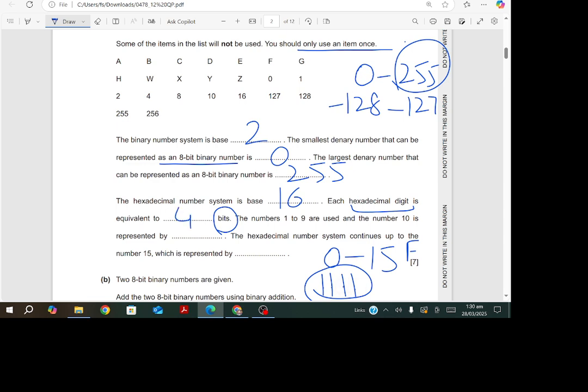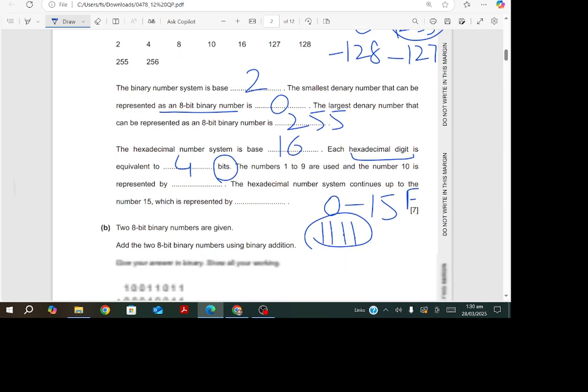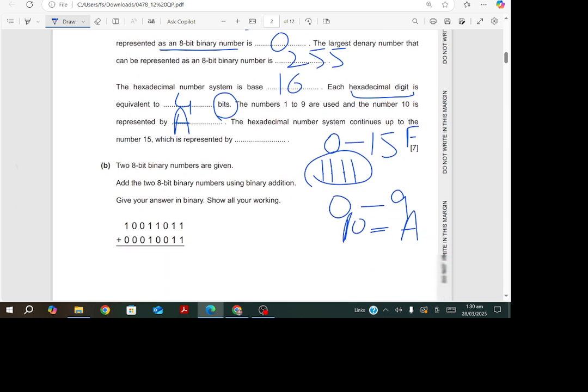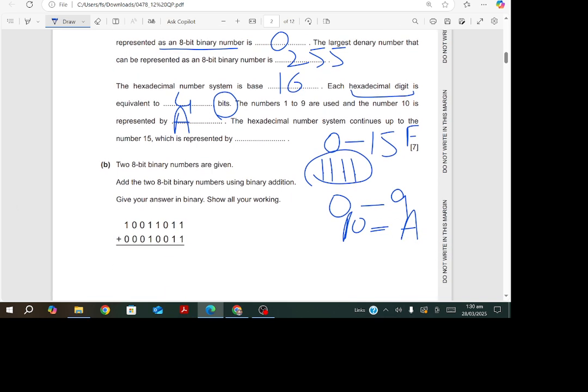So 4 bits are used. The numbers 0 to 9 are used, and from 10 we start writing A, then 11 is B, 12 is C, and so on. The hexadecimal number system continues up to the number 15, which is represented by F. Easiest thing on earth, free 7 marks.